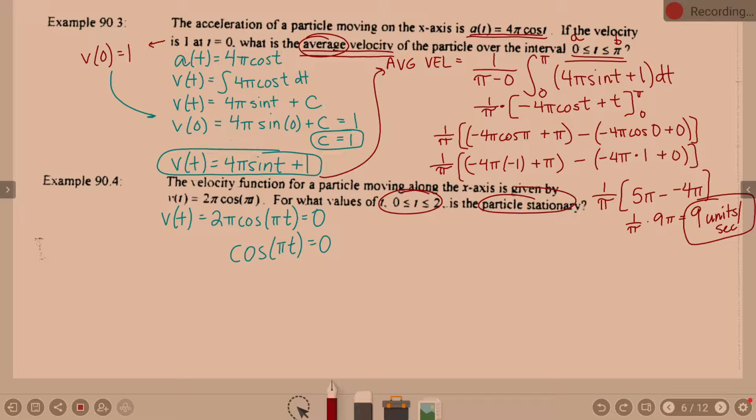This is where I kind of say, okay, in general, where does cosine equal 0? Now, the trick is, though, that it's not just cosine of t, it's cosine of pi t. So, when does cosine equal 0?